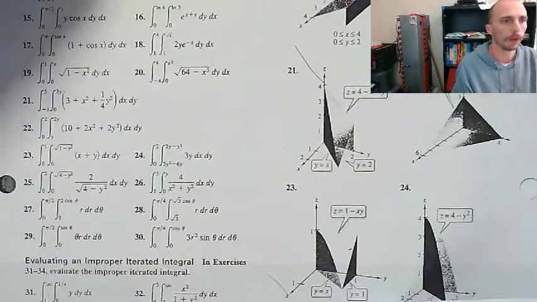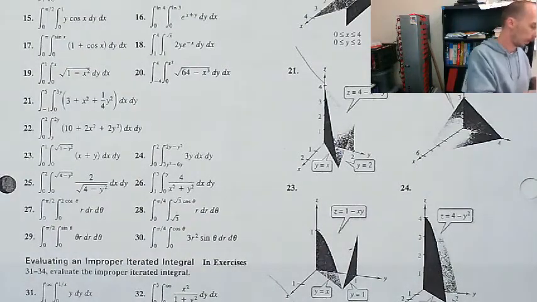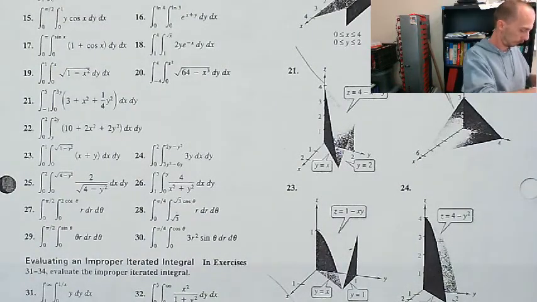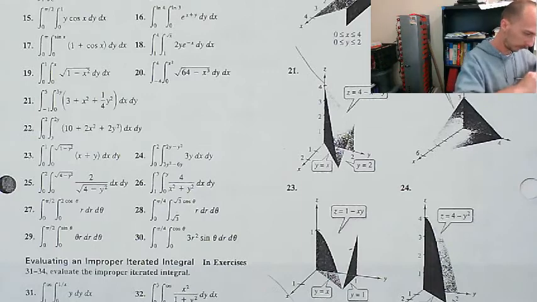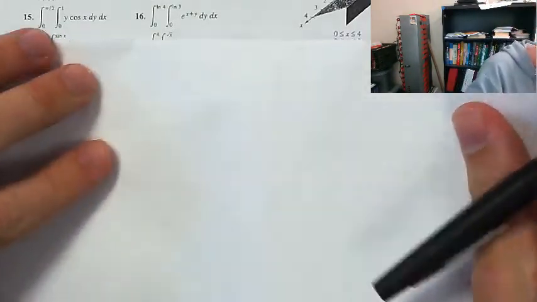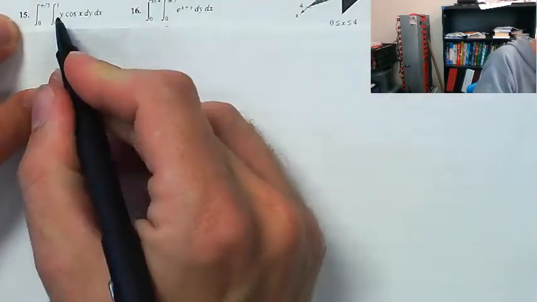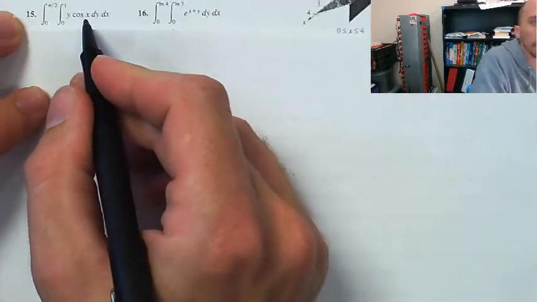All right, number 15. y cosine x dy and then dx. So with respect to y, cosine x is a constant.